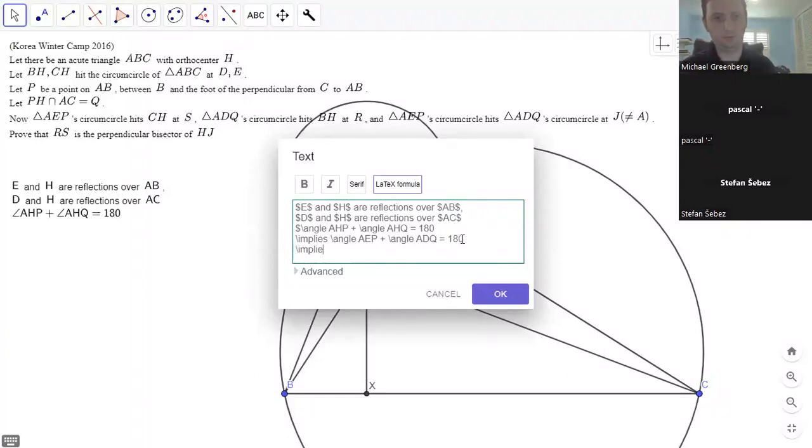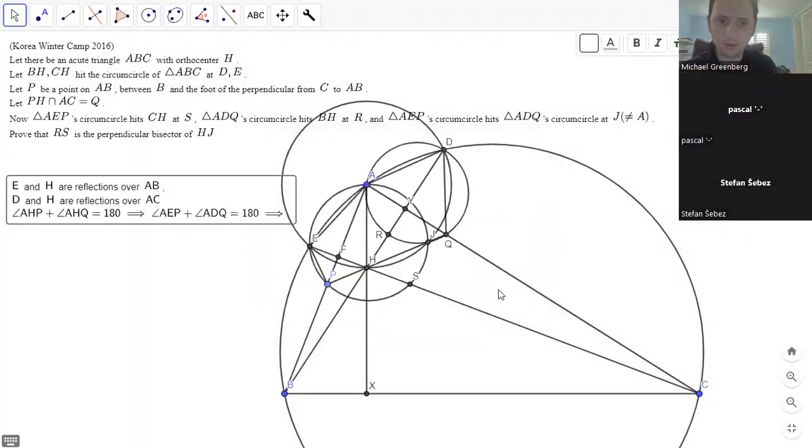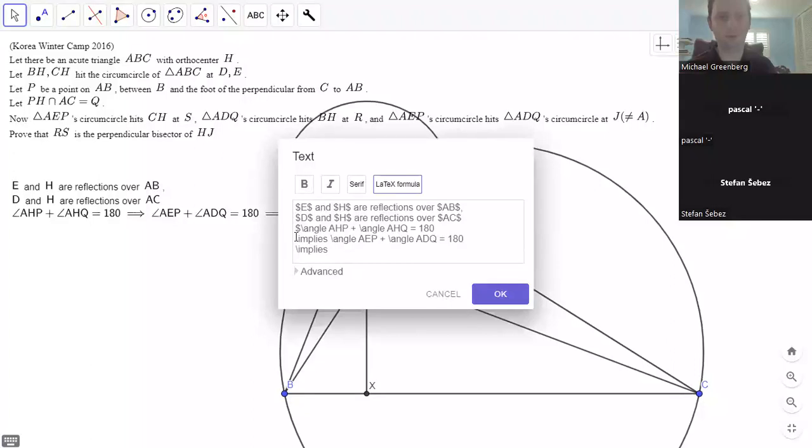If that's true, then 180 minus this plus 180 minus that also has to equal 180. Let me put these on new lines.